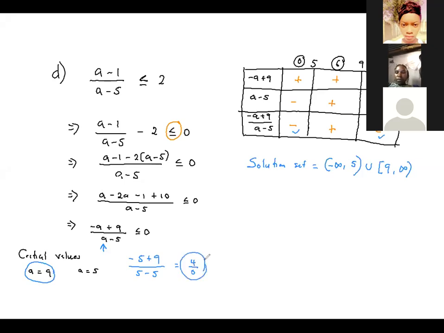So you can't include it. But for 9, we can, because 9 is in the numerator. If we include 9, you're going to have negative 9 plus 9 over 9 minus 5. This is 0 over 4, and we know it is 0. So there's nothing wrong.